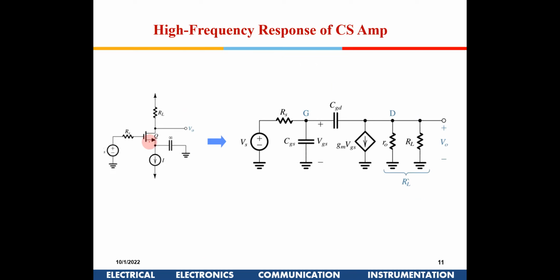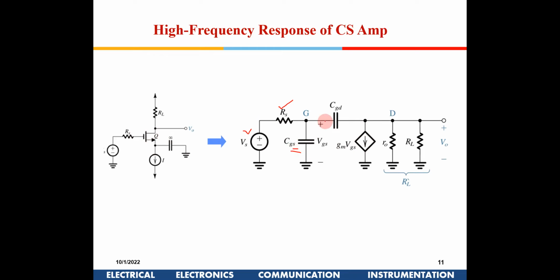So now this is an amplifier, the amplifier we saw initially. If you want to make an equivalent circuit out of it, this is Vs, this is Rs. Initially we talked only about Vgs, but at high frequencies, this is Vgs out here.